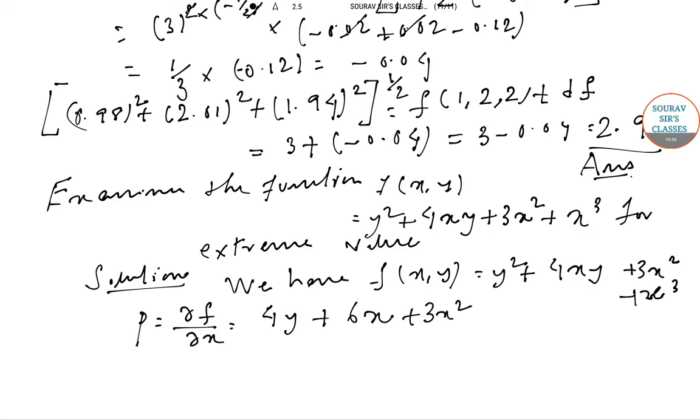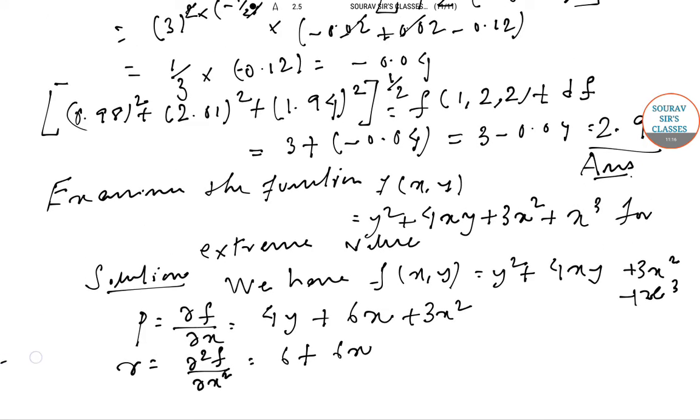Now if you take r, that's del 2 f by del x square, then it becomes 6 plus 6x, okay?